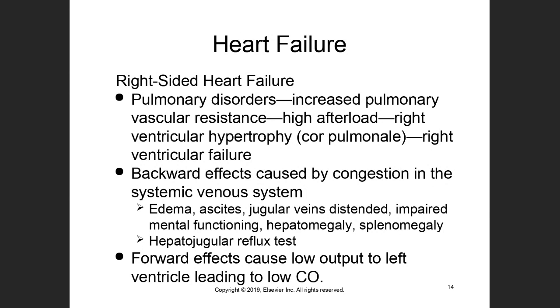That's why you have peripheral edema. You have edema in the whole body. Normally in real life, people with heart failure have all the symptoms, because both the right and left pumps are not working properly. But to differentiate one from another: right side, peripheral edema; left side, pulmonary edema.